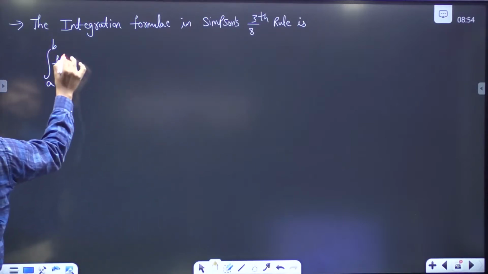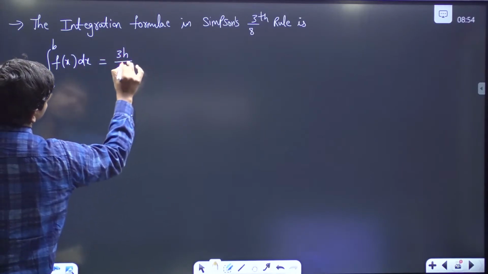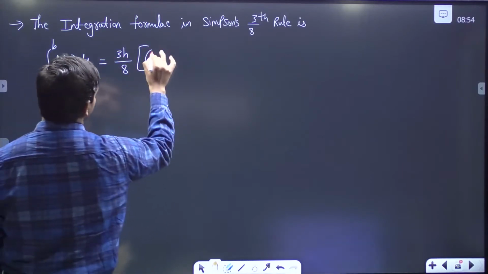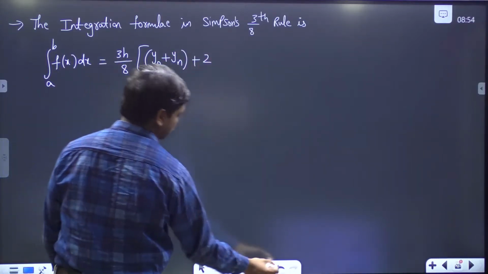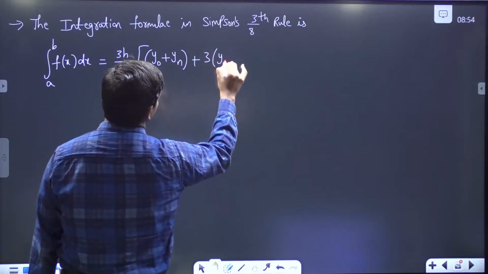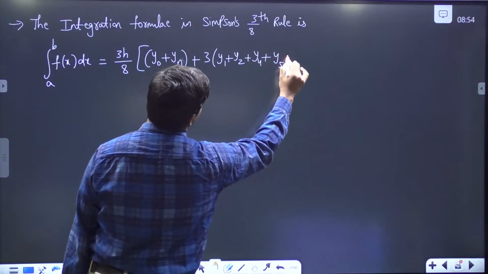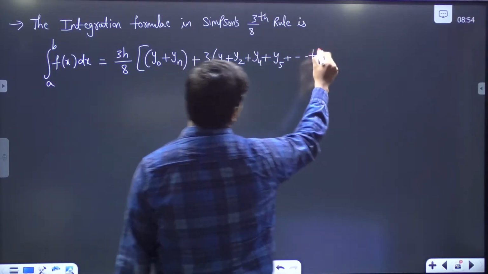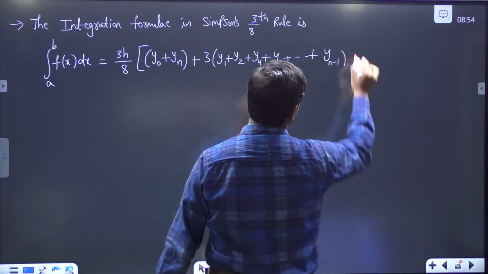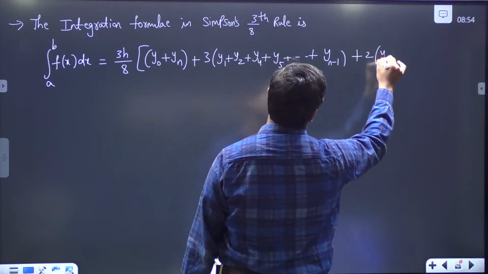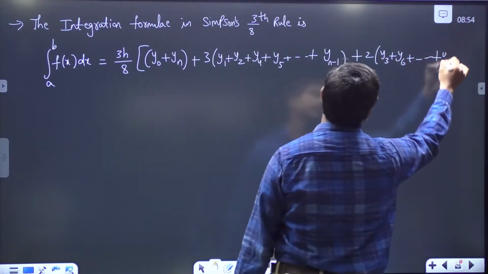Of course, you know the meanings of a, b and f of x, so I'm not writing them again. It is y0 plus yn plus 3 times of y1 plus y2 plus y4 plus y5 and so on, up to yn minus 2 plus yn minus 1, plus 2 times of y3 plus y6 and so on plus yn minus 3.